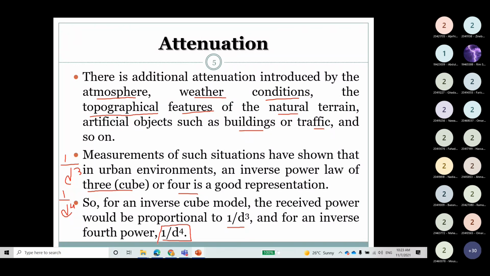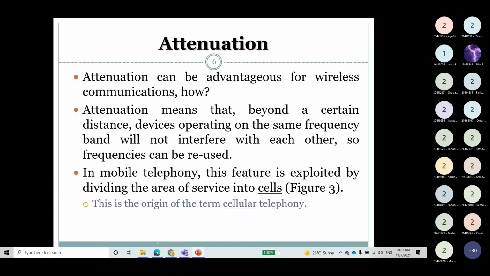So is it clear how we can decide if it is 1 divided by the square of d, or the cube of d, or the power 4? It is related to the place, to the attenuation, to the obstacles that you have in this place. So attenuation now can be advantageous for wireless communications.